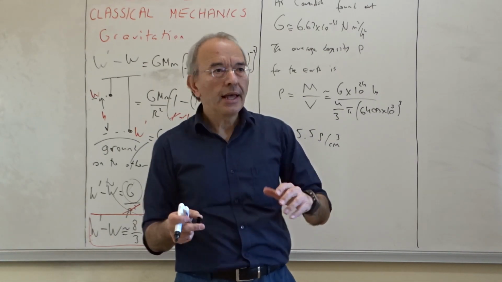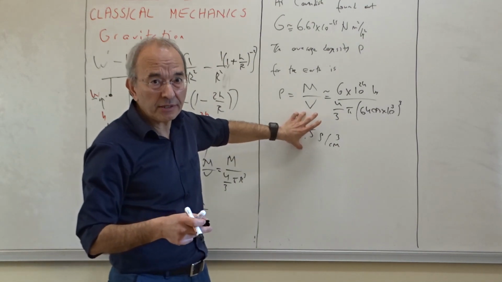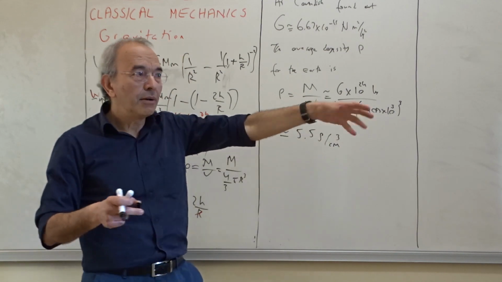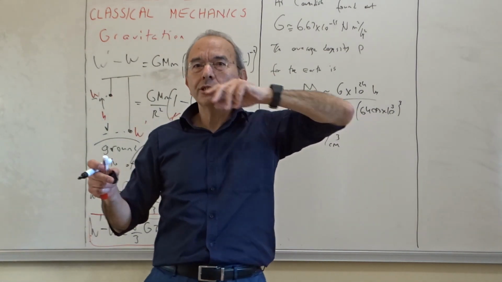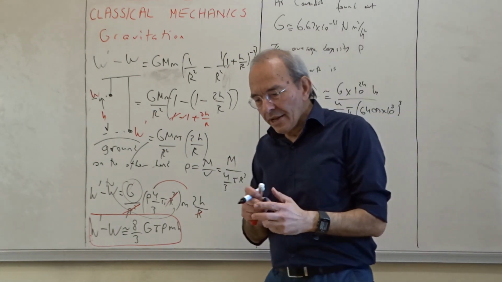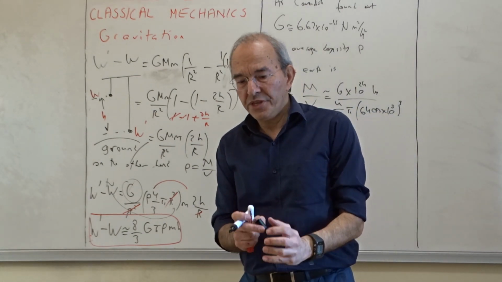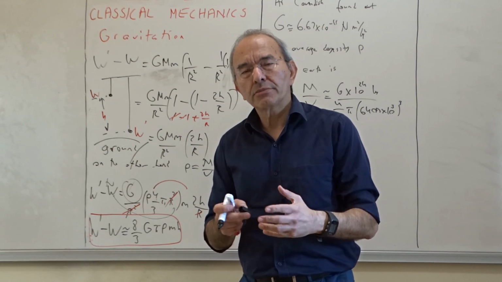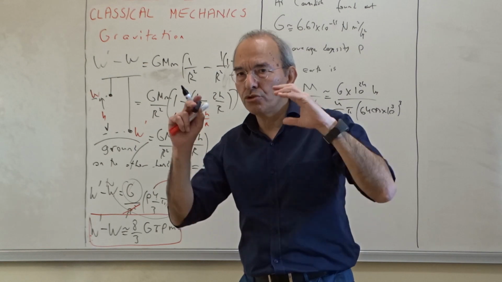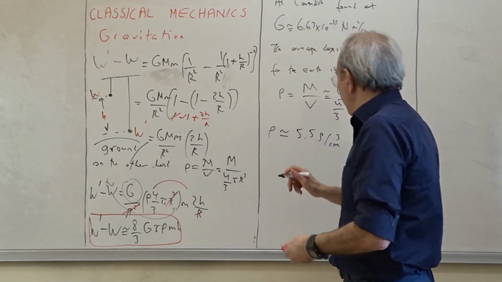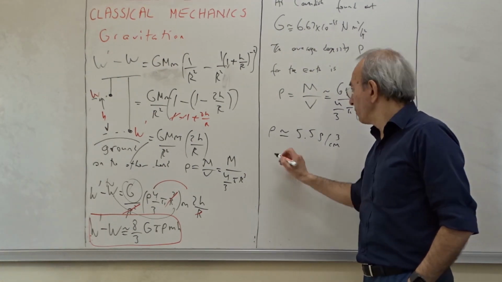What does it mean? This is the average value, the expected value, and we trust this result. However, by your everyday measurements, you cannot get such a high value. So it means that the inner parts near the center are much denser than the crust surface part. So the average value is this much.